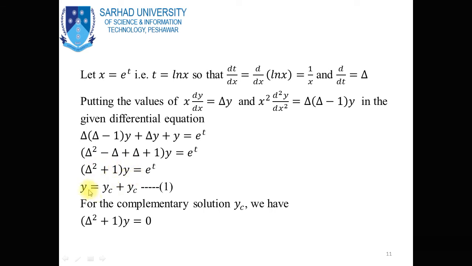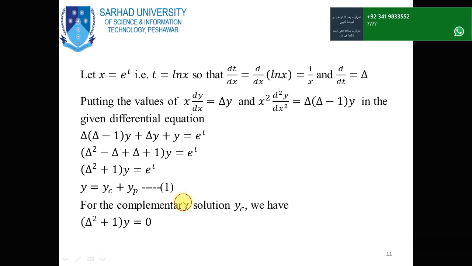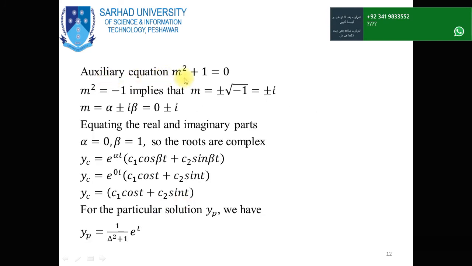So the solution will be yc plus yp. Now for the complementary solution yc, we take the homogeneous part of this equation, (del^2 plus 1) y is equal to 0. So y is equal to 0 is the trivial solution, and for the non-trivial solution we write the auxiliary equation m^2 plus 1 is equal to 0.